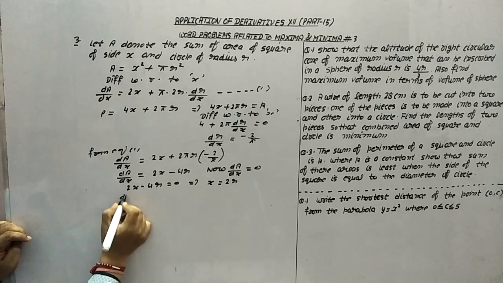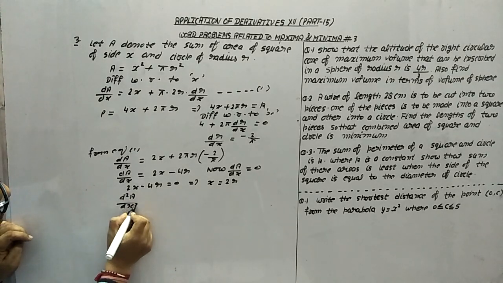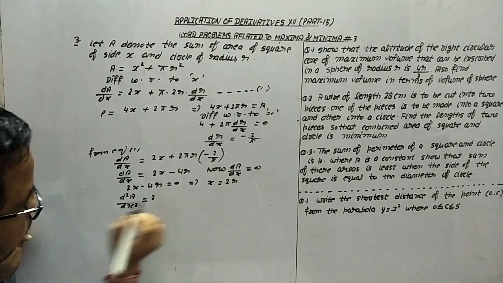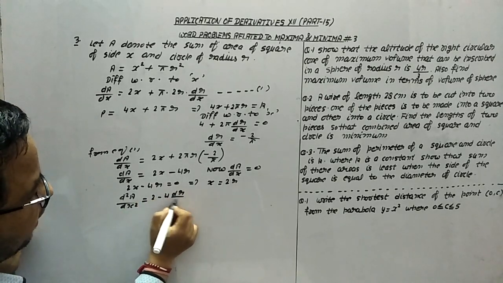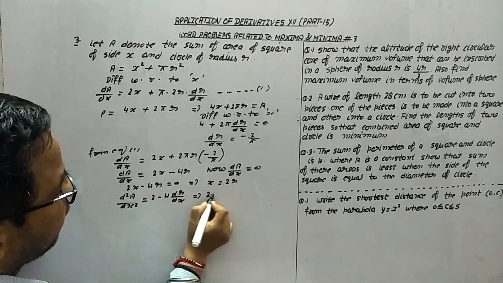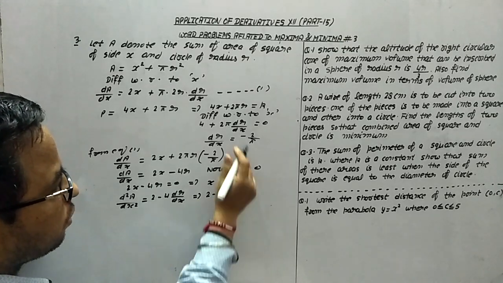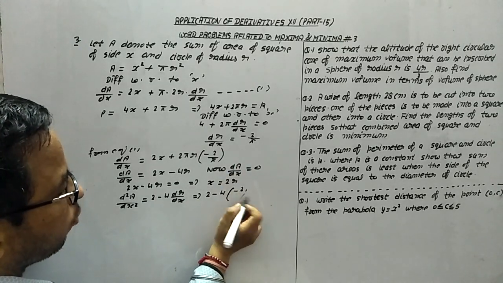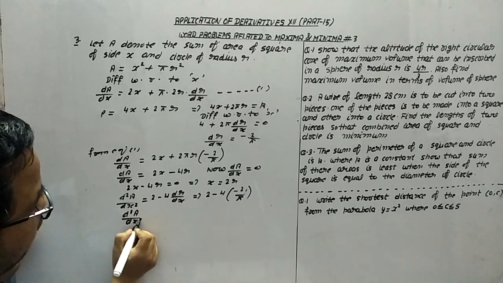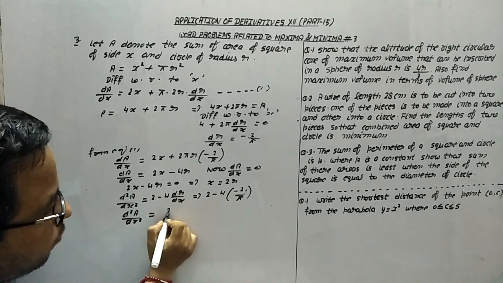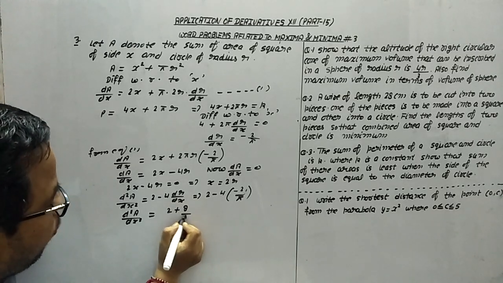Now d2A by dx square means 2, because x is 1, minus 4 dr by dx. Substitute the value of dr by dx, which is minus 2 upon pi. It means d2A by dx square is equal to 2 plus 8 upon pi.